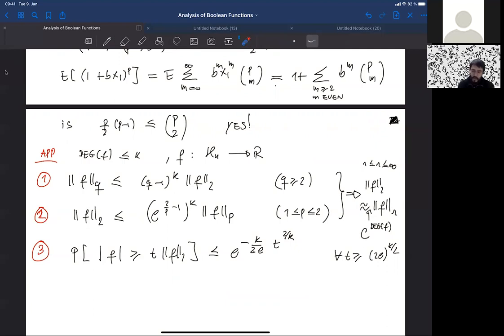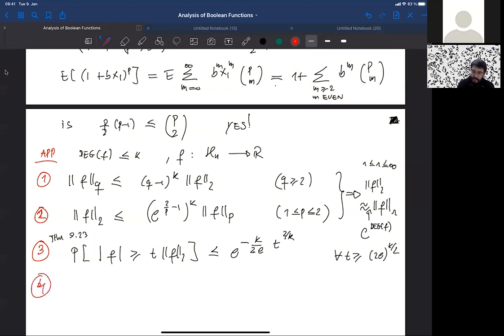And this again is an application of hypercontractivity, maybe using the corollary I presented before as well. And so I guess this is theorem 9.23. I don't recall the other ones.